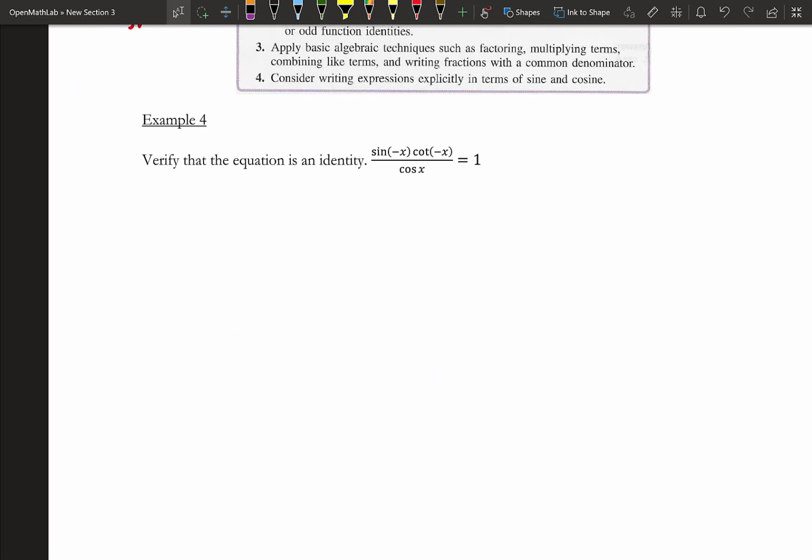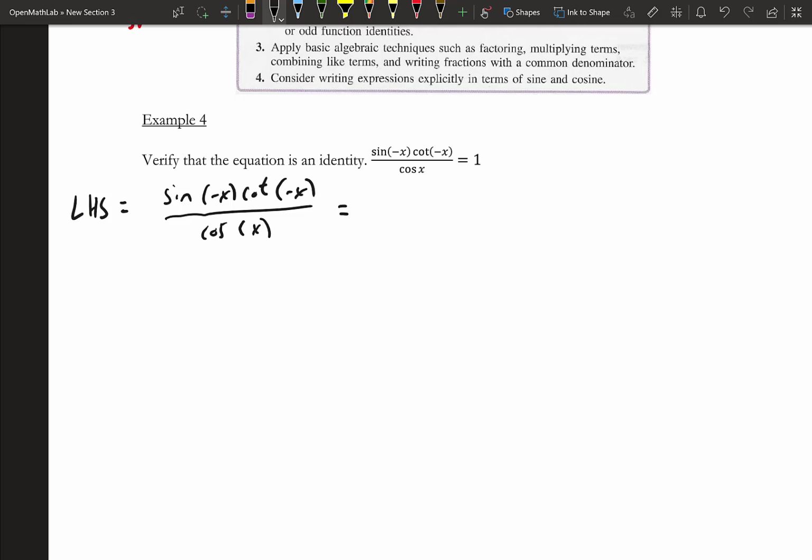So example 4, we want to verify that this equation is an identity. We have sine of negative x times cotangent of negative x divided by cosine of x is equal to 1. So let's just start with the left-hand side. The left-hand side of the equation is equal to sine of negative x cotangent of negative x all divided by cosine of x.